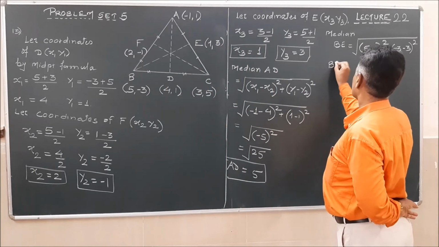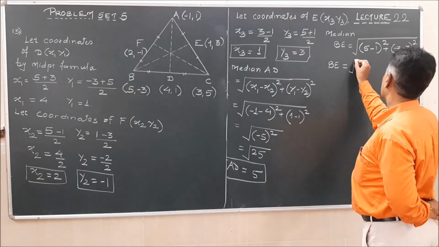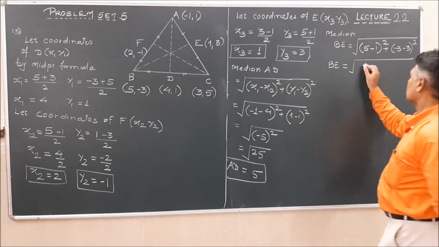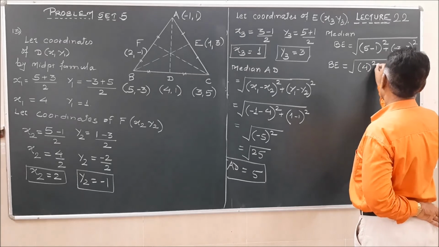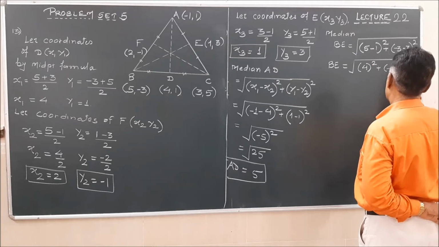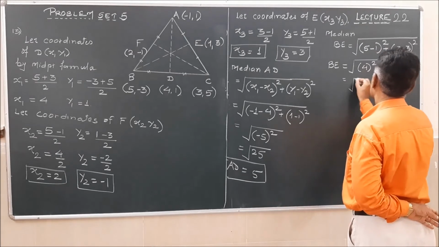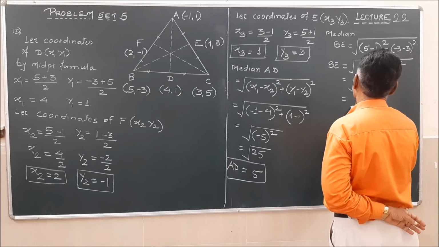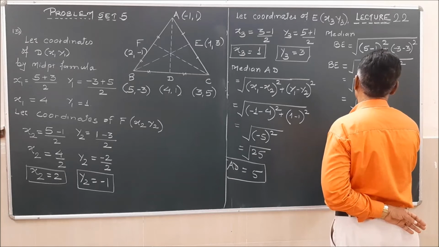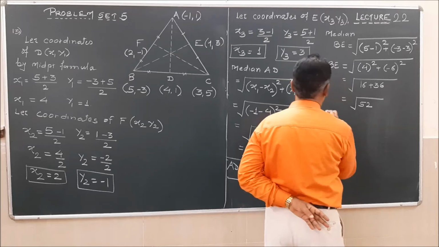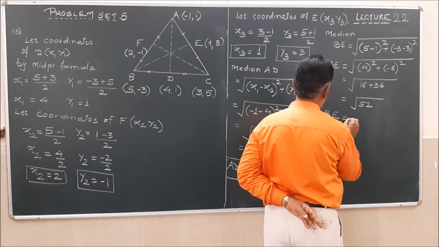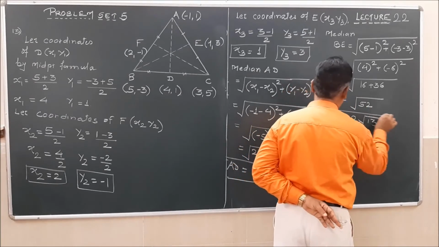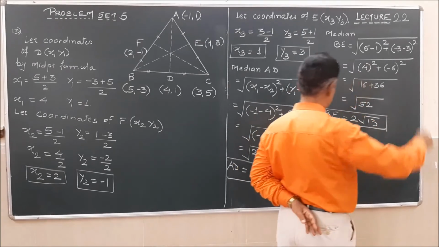So BE is equal to, 5 minus 1 is obviously going to become 4. So 4 square plus minus 6 square. So that gives you 16 plus 36. That is root 52. 13 fours are 52. So that will give you 2 root 13.